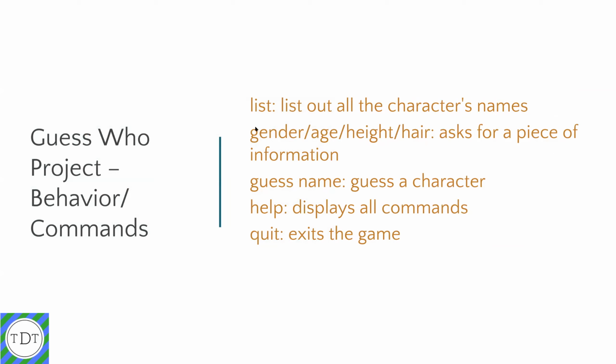If the user types gender, age, height, or hair, then it should give that characteristic for the selected character. When the user types guess name, then the next question the computer should ask is, what is the name that you think this character is named, and then it'll compare. Help will display all of the commands, and quit will exit the game.